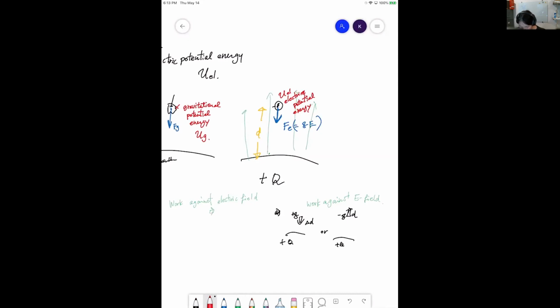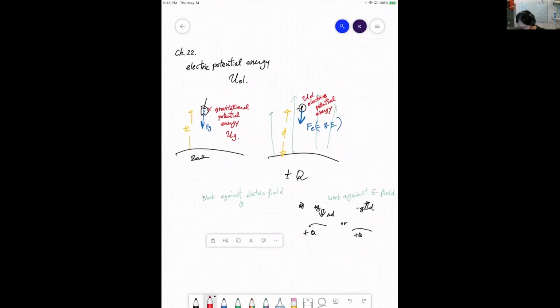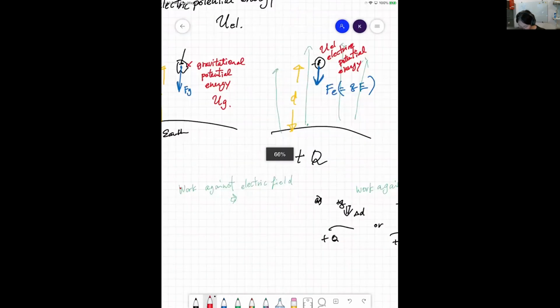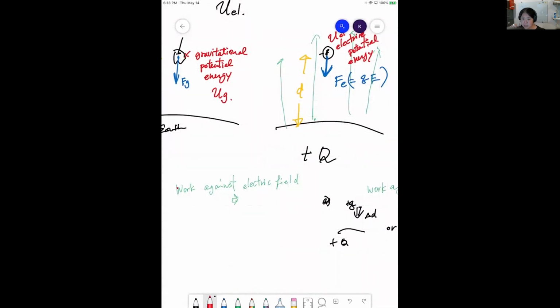That means you have, just like the apple, right? You do it against it. So you move the apple higher against the gravitational force, then you have an increase in potential energy, because it has more potential to do bigger work by you bringing it up higher.